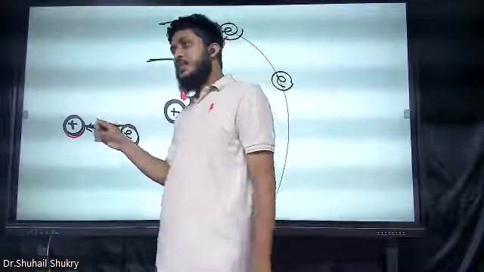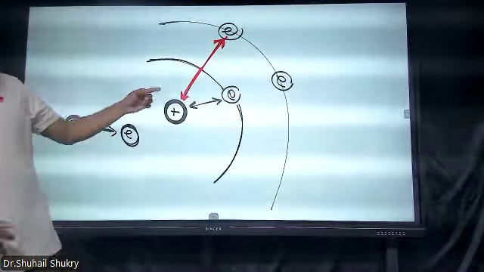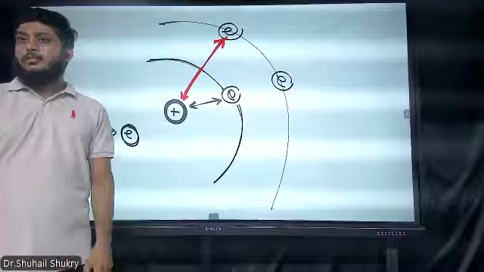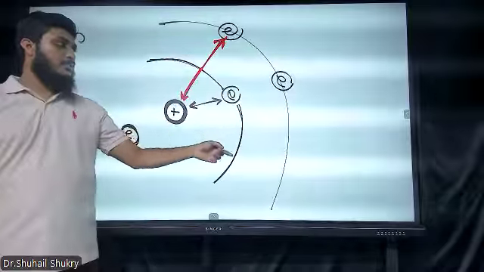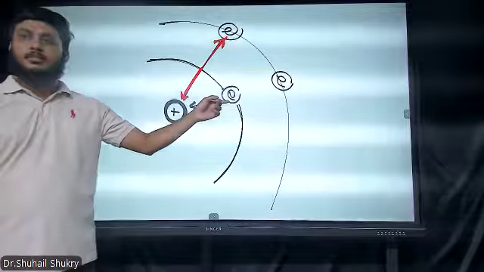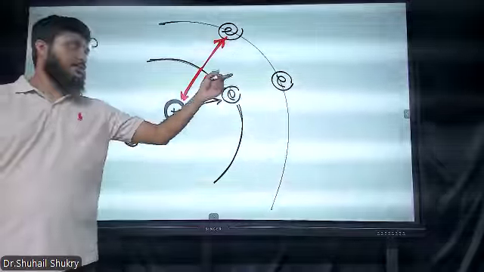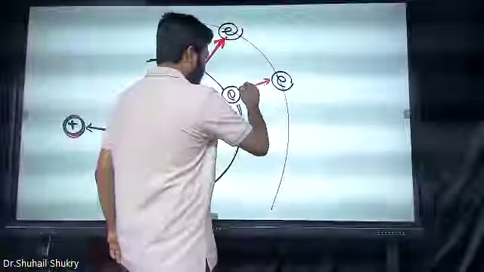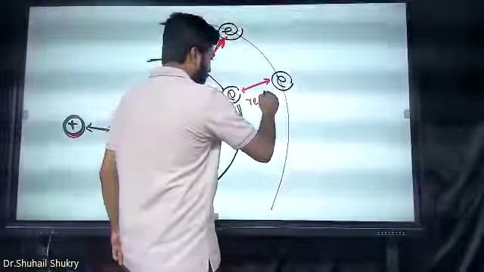But what is the shielding effect? This electron won't feel the actual nuclear charge. Why? Because the other electrons will repel this electron. Between electron and electron, what is there? Repulsion force, right?